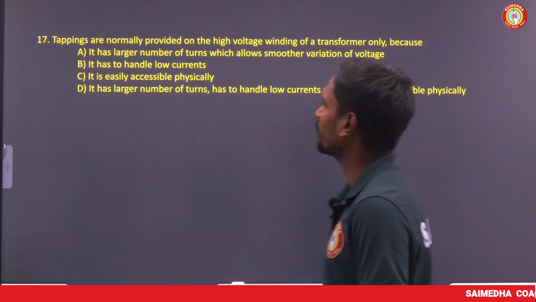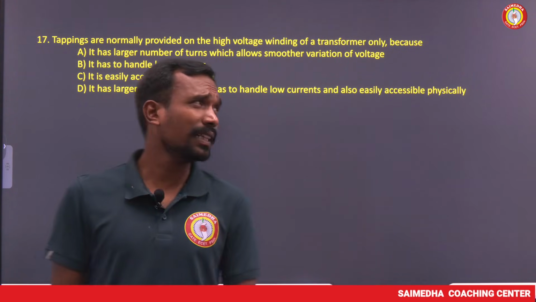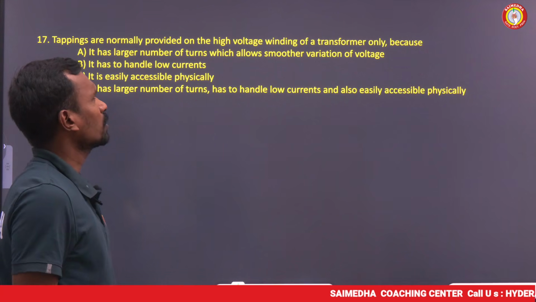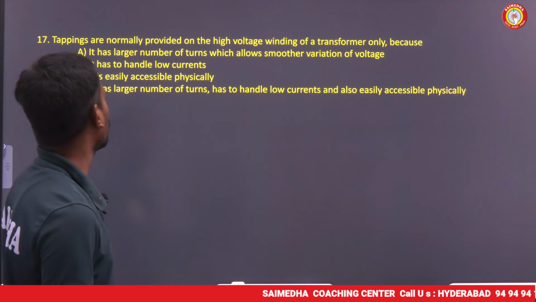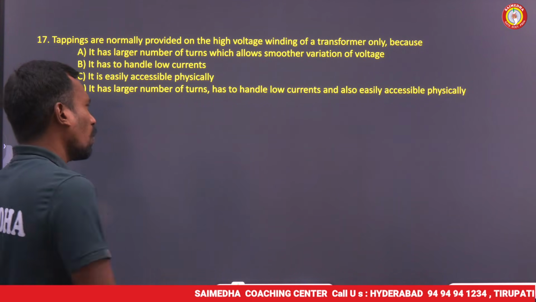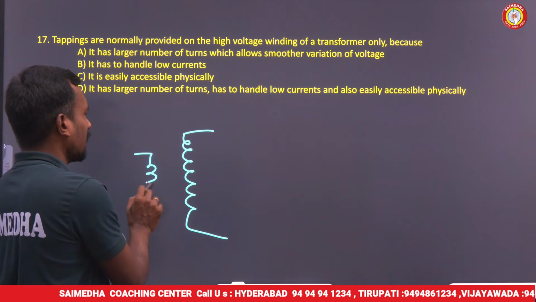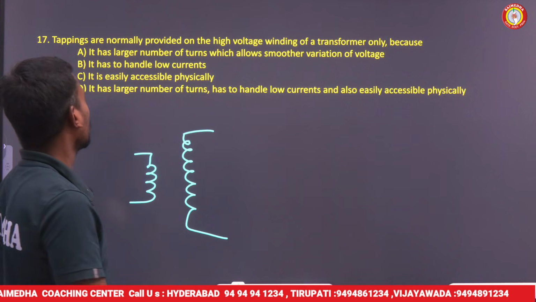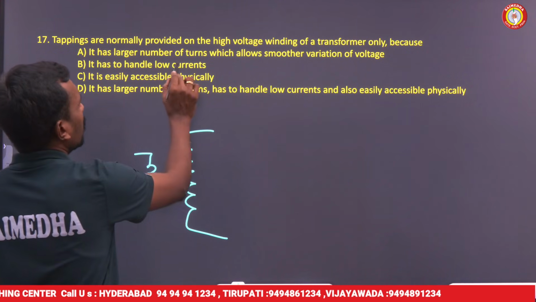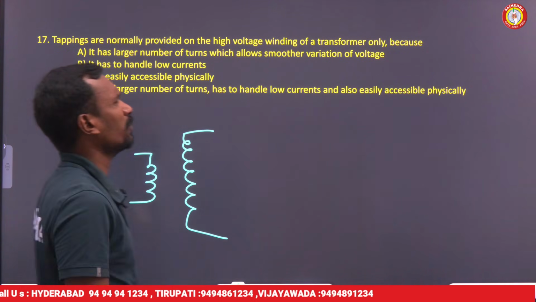Next question. Tappings are normally provided to the high voltage winding of a transformer only because. Why do we have to provide tappings only on the high voltage side? It has a large number of turns which allows smoother variation.